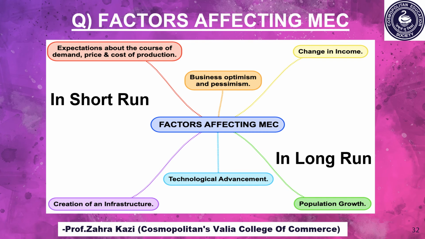The second short-run factor is business optimism and pessimism. Business optimism means that businesses or entrepreneurs have a hopeful situation, or they have full confidence in their businesses or in the economic situation, while business pessimism is the opposite of optimism. So business pessimism means that the entrepreneurs or businessmen think that there will be a worse situation or something bad will happen.